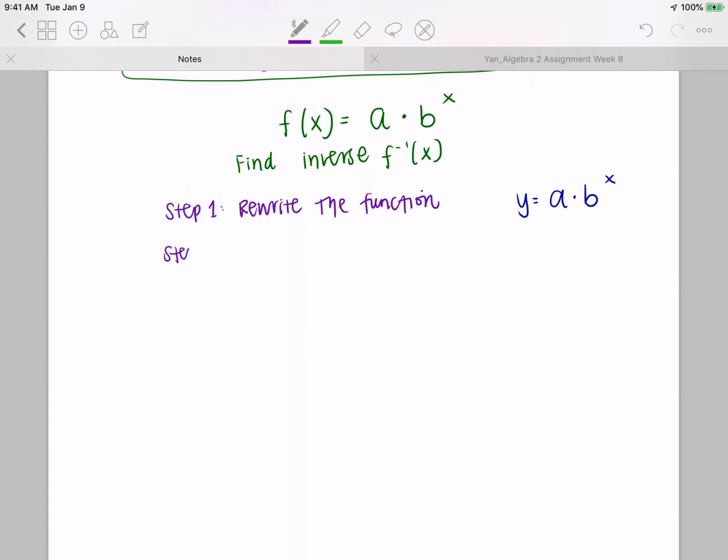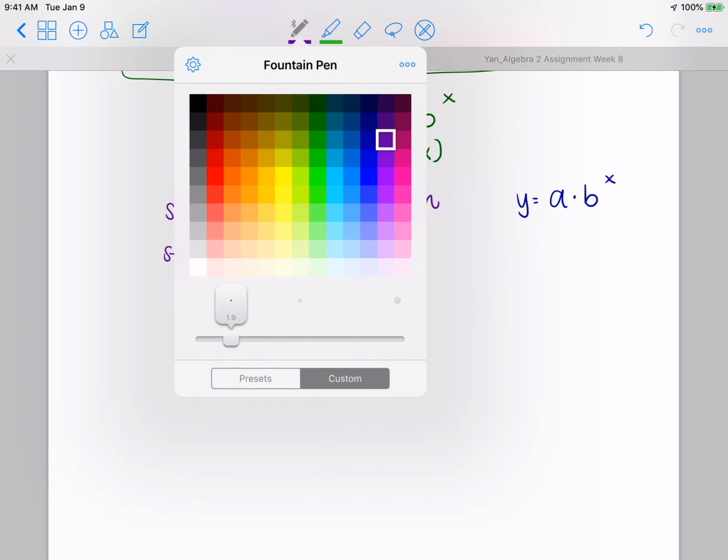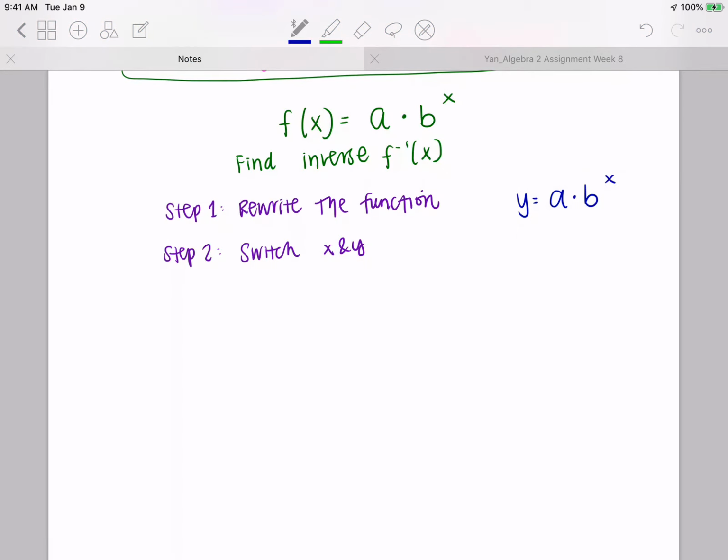So step 2, we're going to switch x and y. This makes it a lot easier for us to solve for our inverse. So instead of writing y, I write x equals a times b to the y power. So these two letters swap.